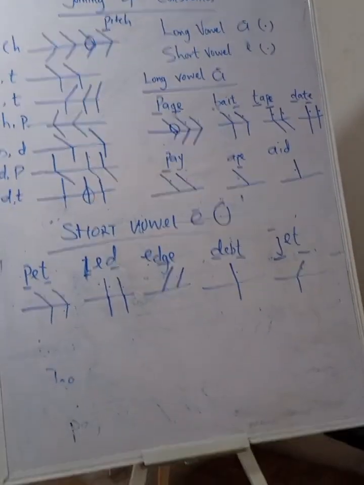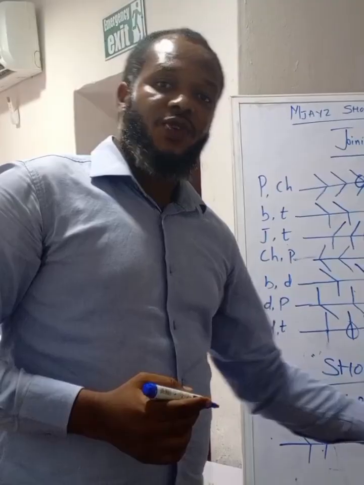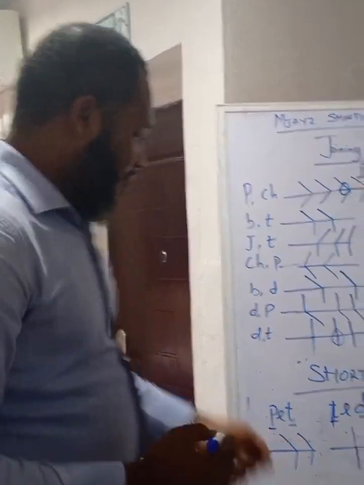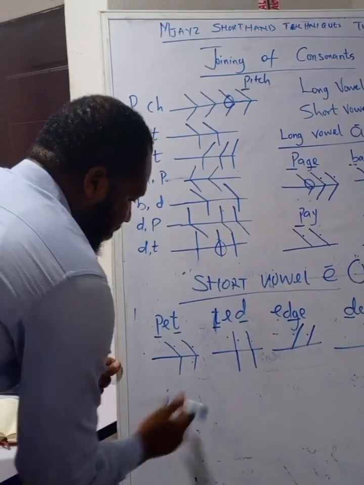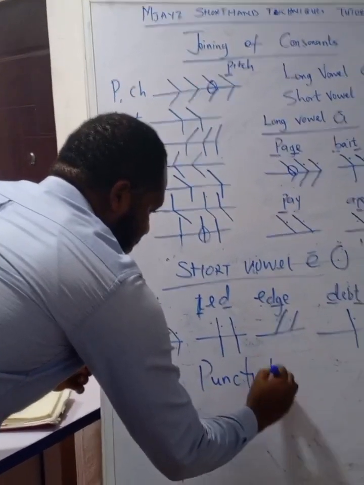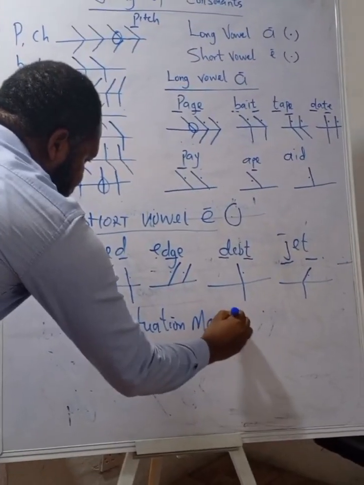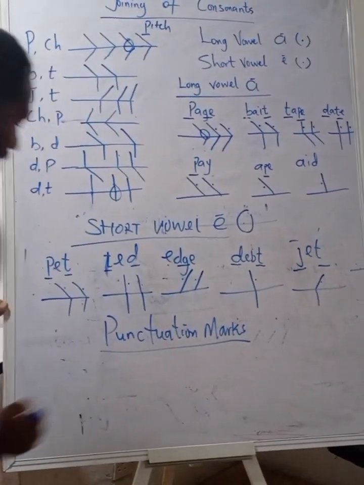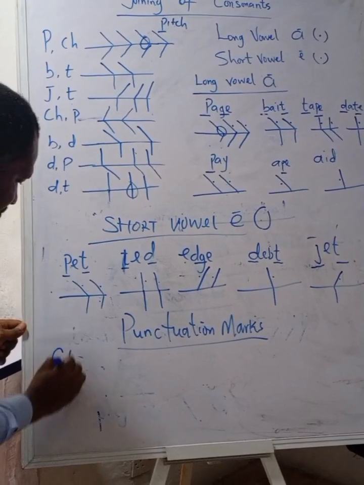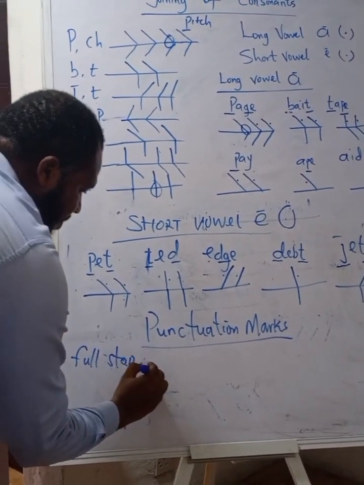Short form E is what we have just dealt with. So we will be looking at major punctuations in shorthand. While some remain the English form, I am going to give some that change from English to shorthand. An example is the full stop.